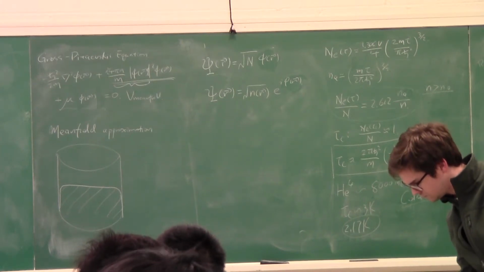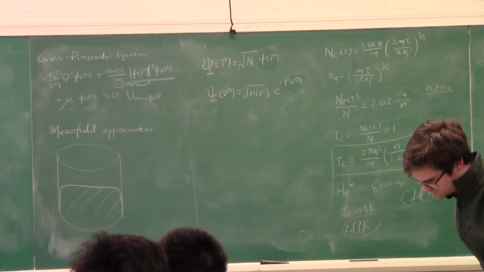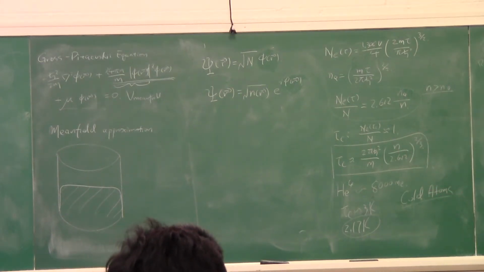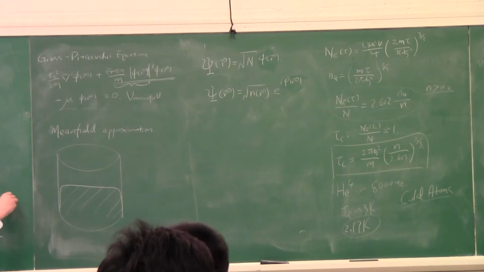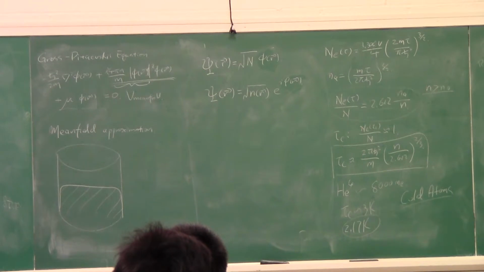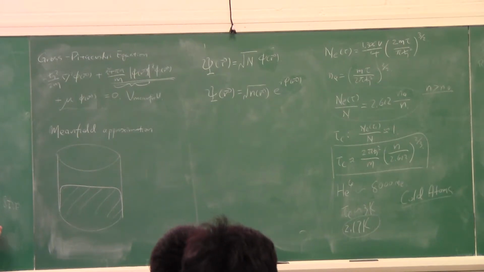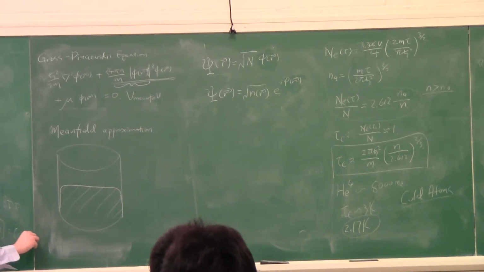Because we can say b_k and b_k prime dagger commute with Kronecker delta functions. And you can also say that two wave functions commute.